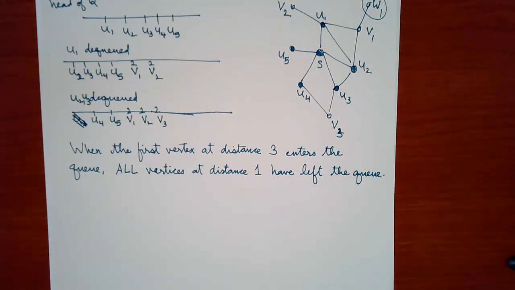But let's do unweighted for now. Is it true because if you had a distance of D minus 2 still in the queue, it means you didn't properly traverse to a vertex, you kind of made a jump? Yeah, that's one way of putting it.